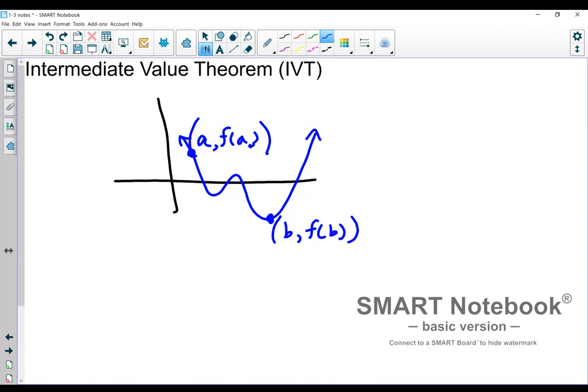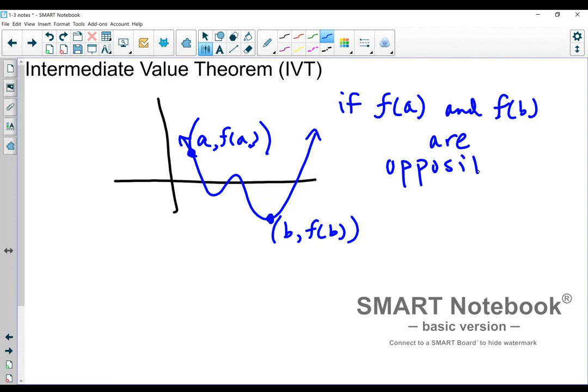So this idea for the intermediate value theorem is that if f of a and f of b are, and I better write an if here, are opposite in sign, that means one's negative, one's positive.